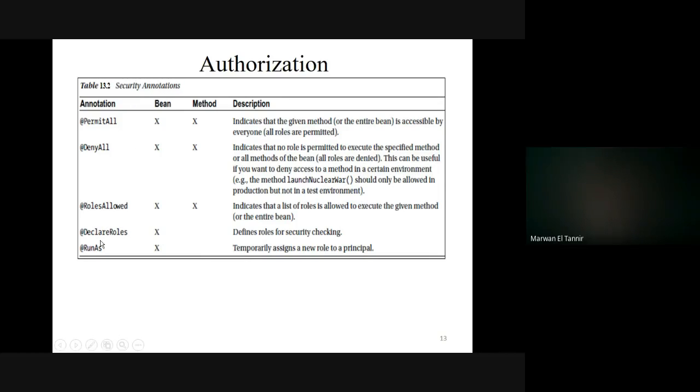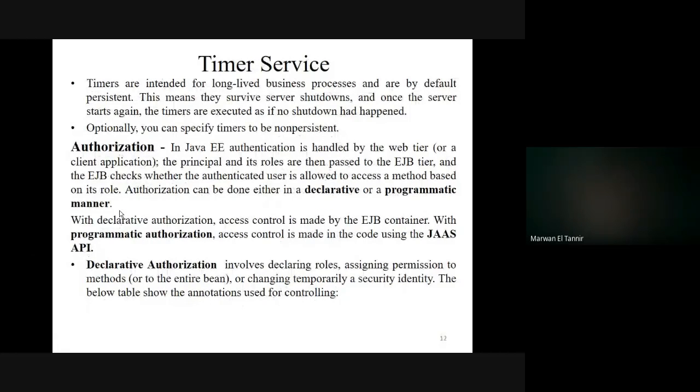So these are some of the annotations used for security. In lab 13A, we have used RolesAllowed, and in the Enterprise Java Bean, we use DeclareRoles, and we use RolesAllowed annotated. So this is the declarative authorization.